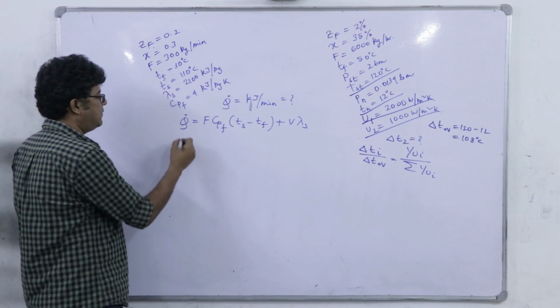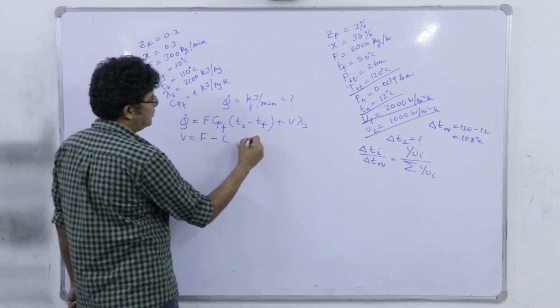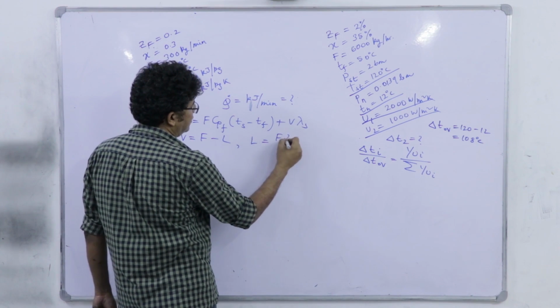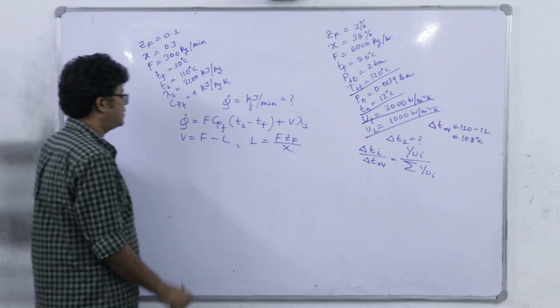Now, you have to calculate V, and what will that be? V is F minus L, and L is equal to F ZF divided by X, right.